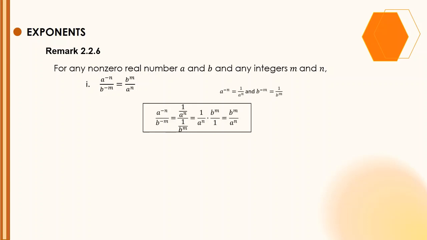Ang nangyari dito is that from definition 2.2.2 na ang a to the power of negative n is equal to 1 over a to the power of n, and b to the power of negative m is equal to 1 over b to the power of m. And using divisions of fractions, we will have 1 over a to the power of n times b to the power of m over 1. So, this will be equal to b to the power of m over a to the power of n.